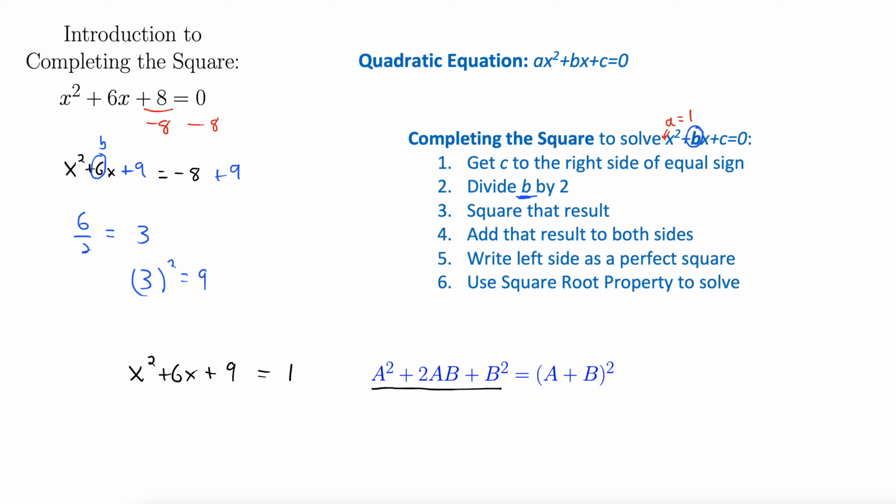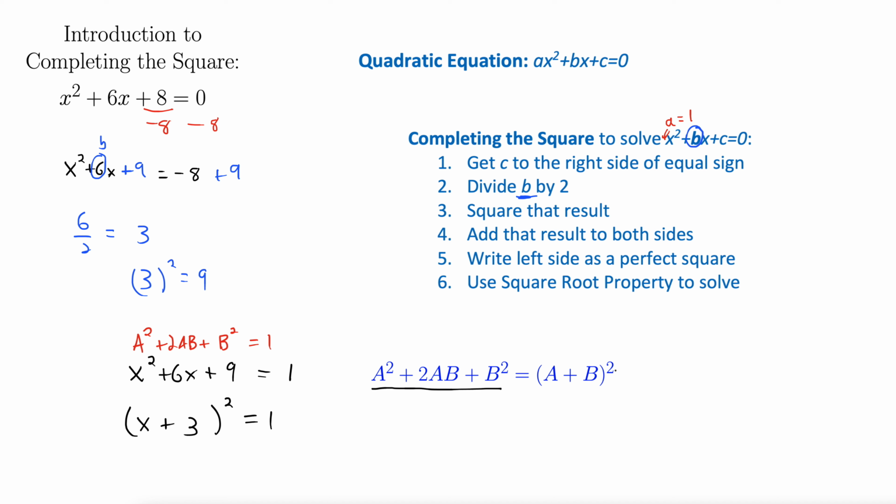So this equation is of the form a squared plus 2ab plus b squared. Okay, well this makes a perfect square trinomial. So on the left we have something squared equals 1. That thing that goes inside the parentheses, x plus 3.